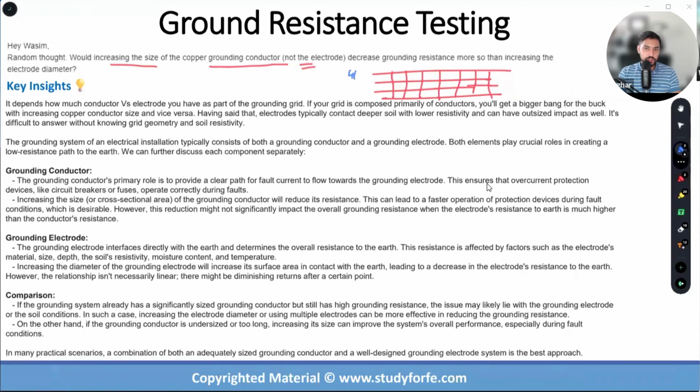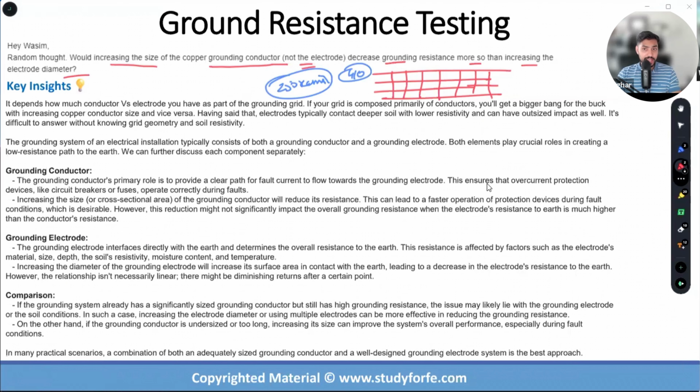So he wants to increase the size. Let's say we are using a 4/0 bare copper conductor, and he wants to increase it to 250 kcmil, correct? Something like this. So he wants to know if increasing the size of the conductor would decrease ground resistance more so than increasing the electrode diameter.